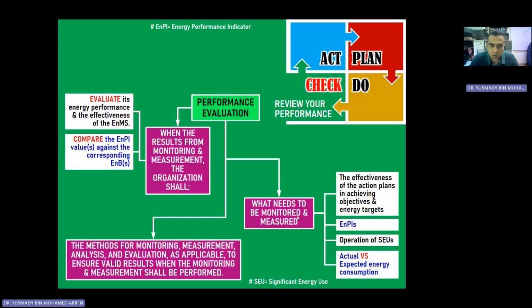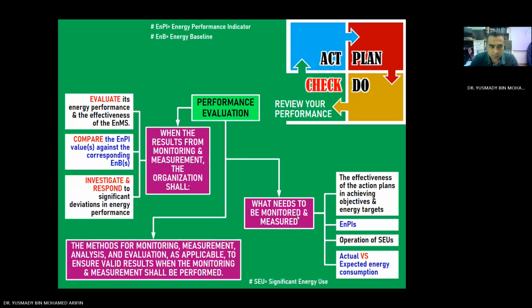The organization needs to compare the energy performance indicator values against the corresponding energy baseline. EnB stands for energy baseline. And the organization also needs to investigate and respond to significant deviation in energy performance.